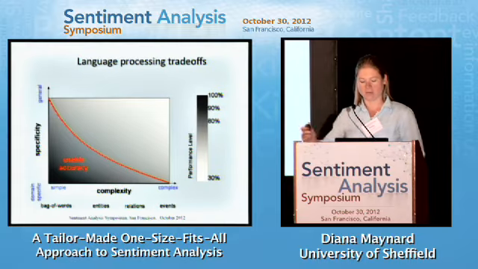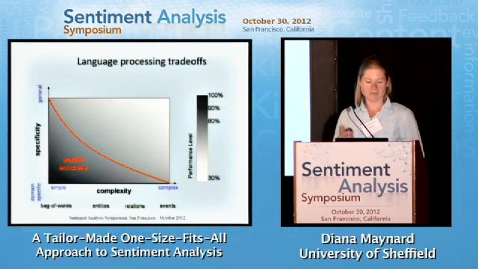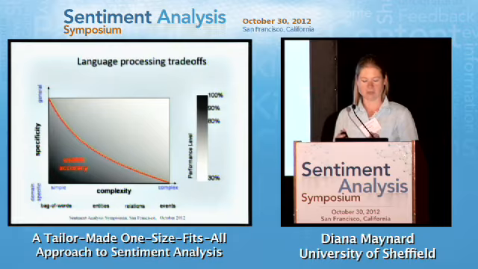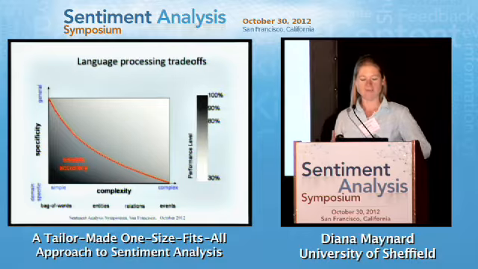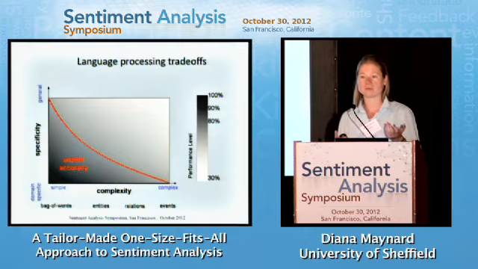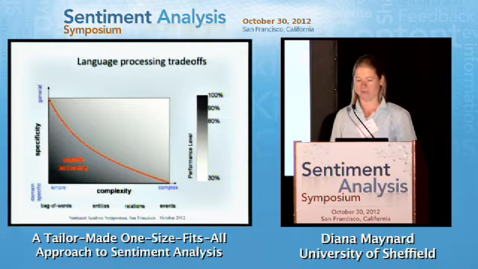So as you go along the scale and get more complex, the accuracy tends to go down. On the other hand, as you go from a very domain-specific approach, when you're working on, for example, a set of quite homogeneous news texts, to more generic kinds of text, then again the task gets harder and you get worse results. So when you combine the two things, then you really are in trouble.